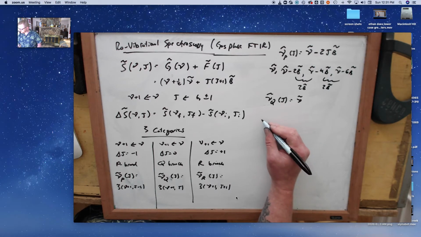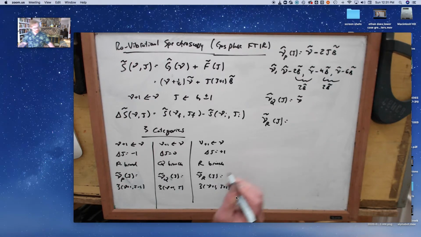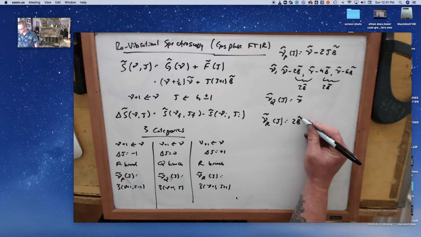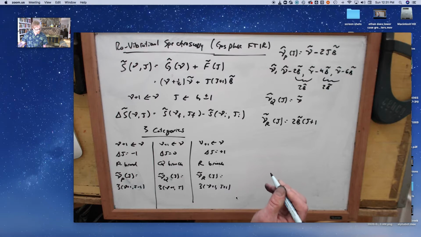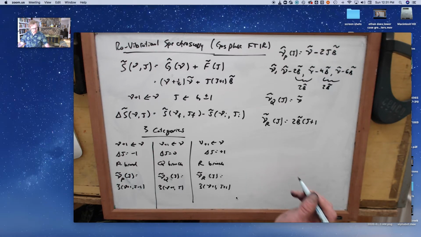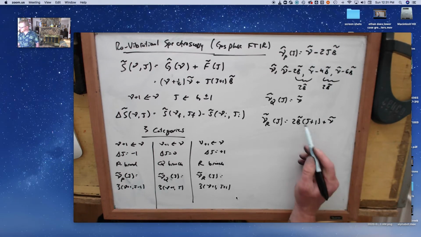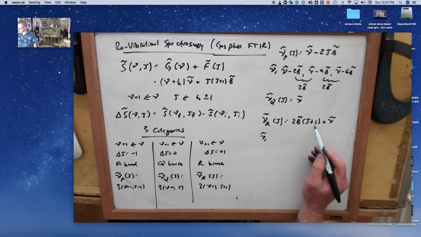All right? And then for the R branch, as a function of j, that goes as 2 times b times j plus 1. Oh, okay. It goes as 2b(j plus 1) plus nu. All right?